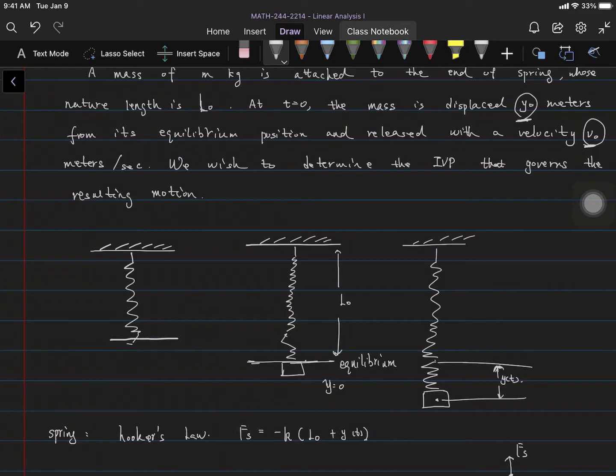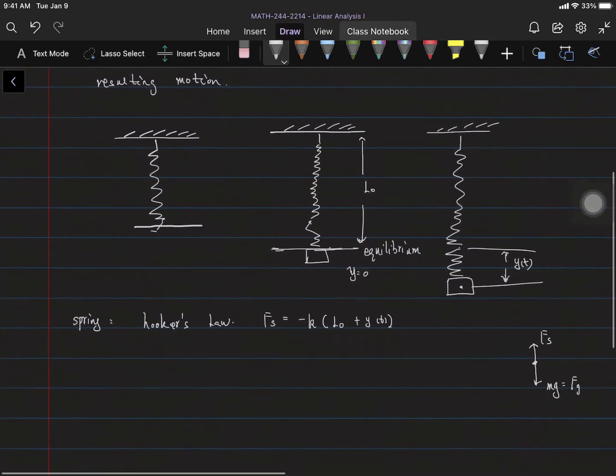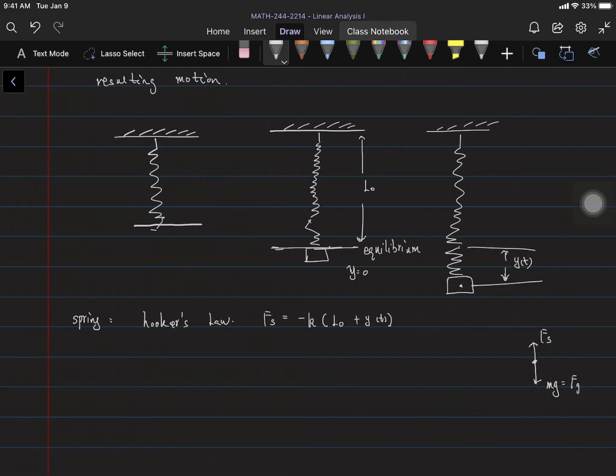And we want to see what the position of the object is after time t. So we say this is y(t). What is the position after time t? Firstly, let's take a look at the spring. There is Hooke's law for the spring.